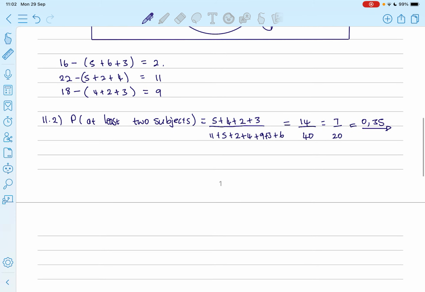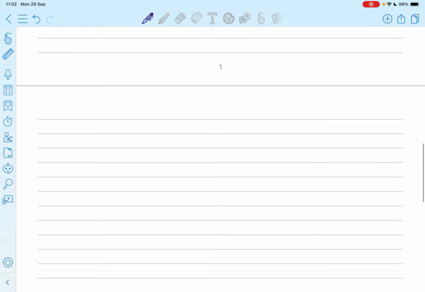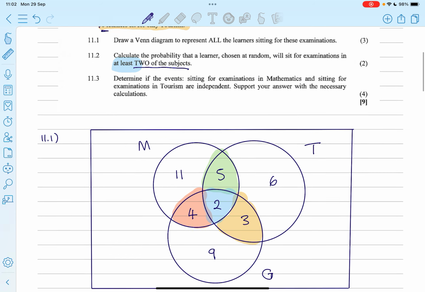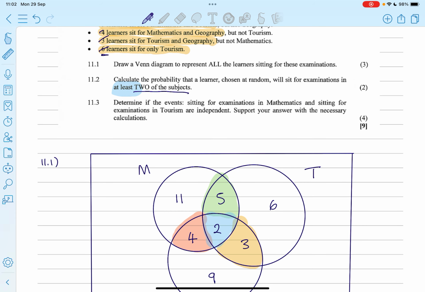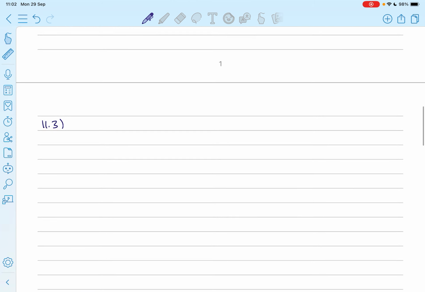Okay, lastly, moving on to 11.3. So the question asked, determine if the events sitting for examinations in mathematics and sitting for examinations in tourism are independent. Support your answer with the necessary calculations. Okay, so for 2 events to be independent, they need to meet this condition.